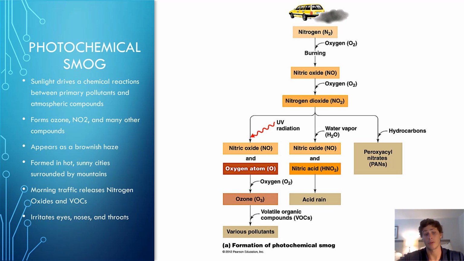Now, where photochemical smog is usually a problem is in sunny, hot cities with very high populations and very high combustion of fossil fuels that are normally surrounded by mountains. So going back to that thermal inversion layer that we talked about in the previous lecture, in areas where the hot air is above cool air, the smog or the pollutants can't rise naturally, and particularly in areas where there's a lot of mountains that kind of trap the smog from moving horizontally away from the cities, this photochemical smog can arise simply because the pollutants are sitting there right where they can react with sunlight and ambient atmospheric compounds.